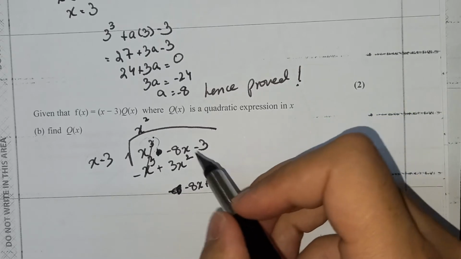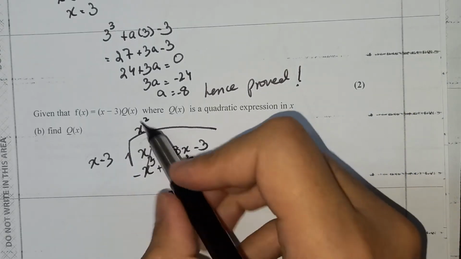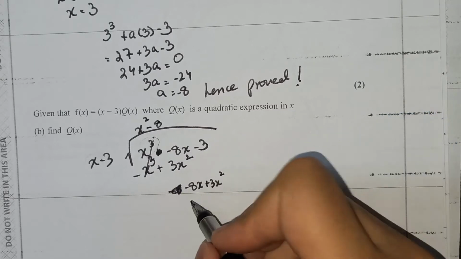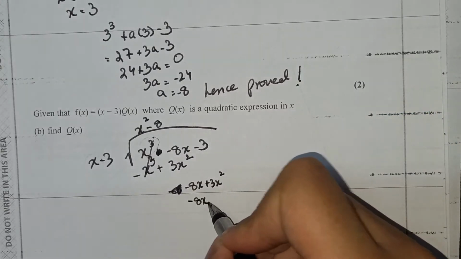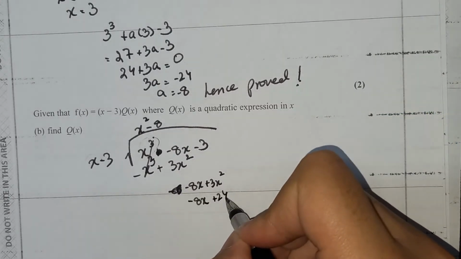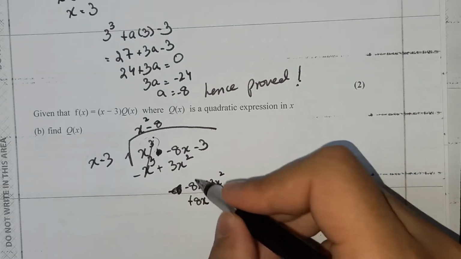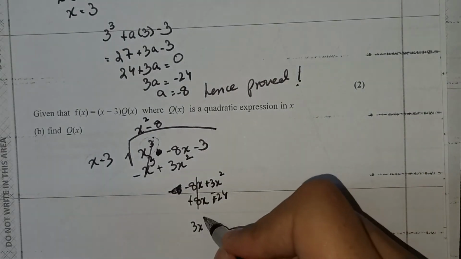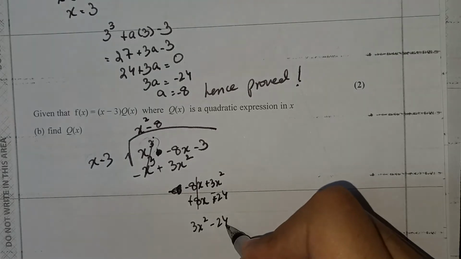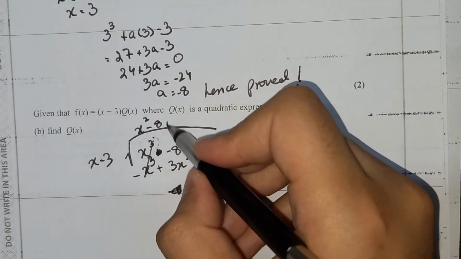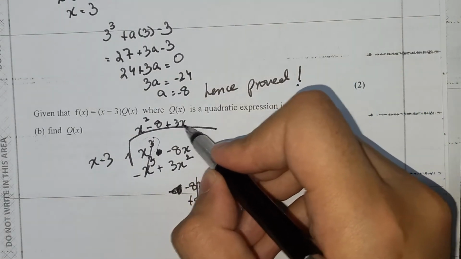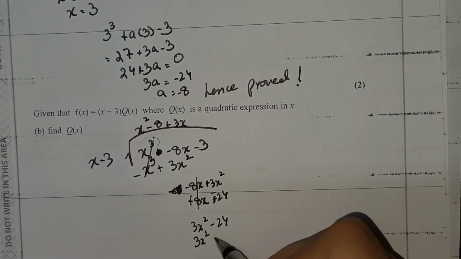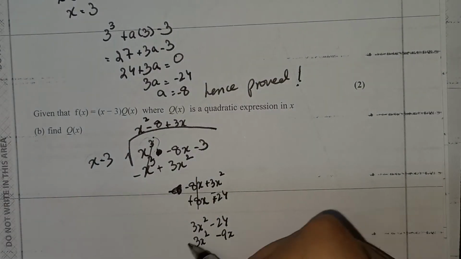Now again we will multiply it by minus 8, we get minus 8x plus 24. Change the signs, 3x squared minus 24. Now plus 3x gives us 3x squared minus 9x.